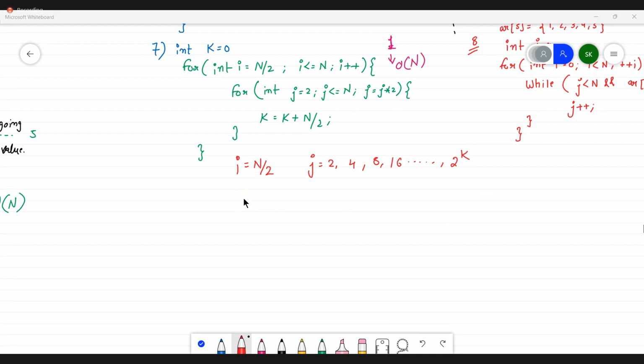Coming on to the next part, when your I will be like for the next time, what will happen? It will become n by 2 plus 1. Yes or no? Because it is incrementing linearly. And for that reason also, it is going to run for 2, 4, 8, 16, and up to 2 to the power k.